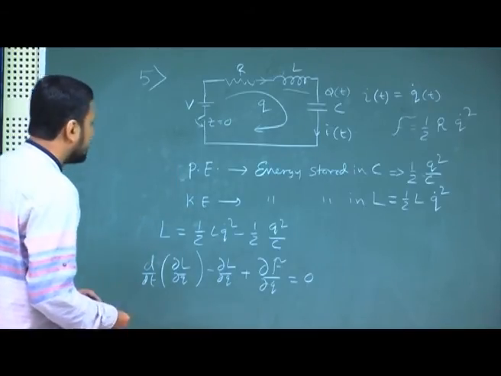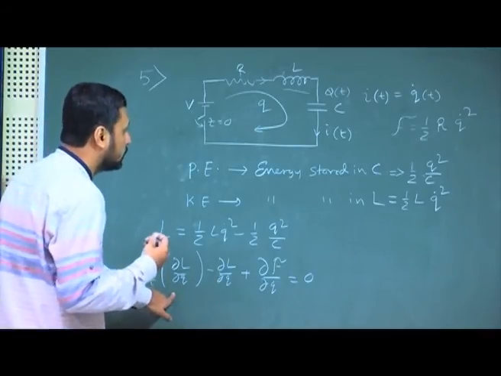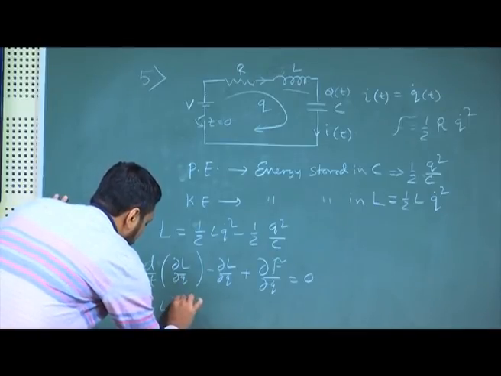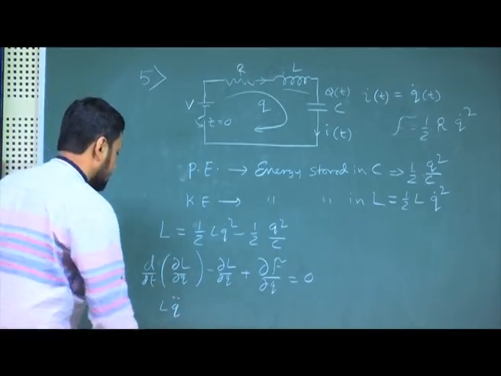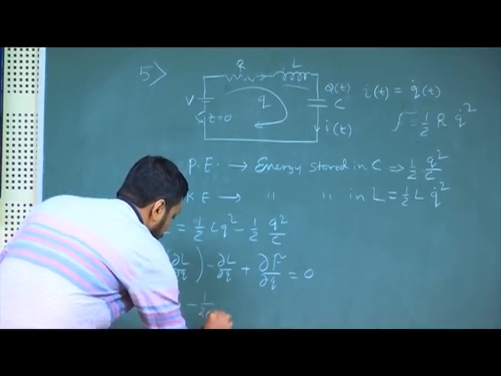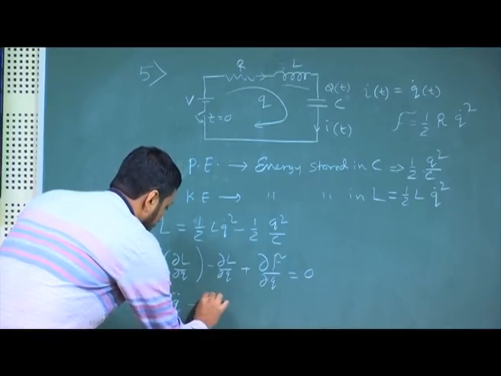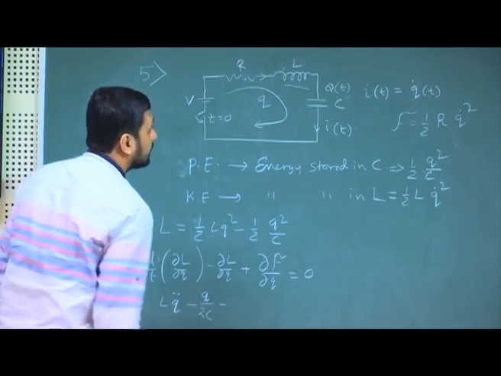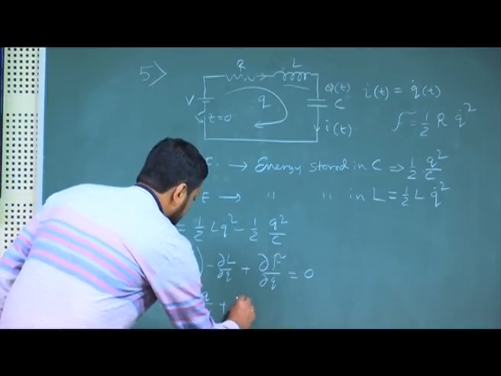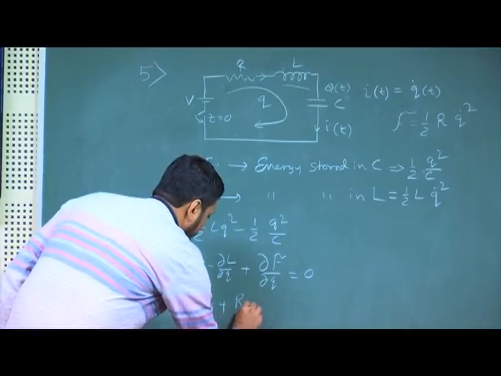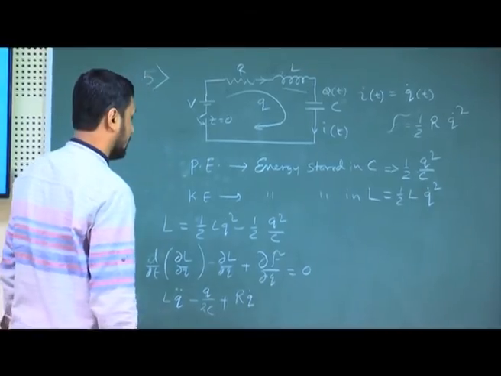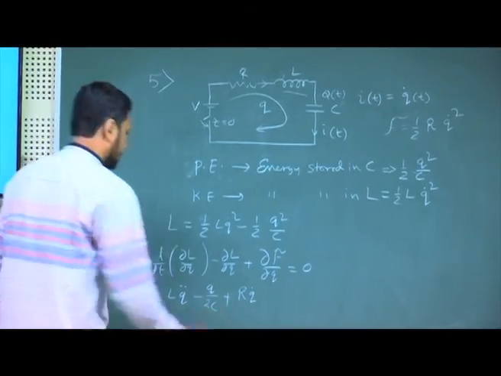If we do that, for the first two terms it will be L Q double dot, minus 1 by 2 C Q, plus R Q dot, that is R I, which will be equal to 0.